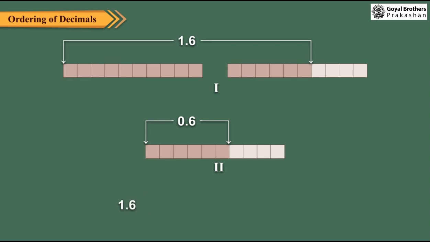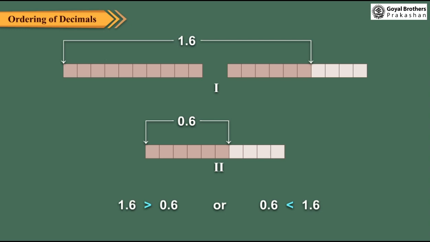So we have 1.6 is greater than 0.6 or 0.6 is less than 1.6. Also, note it here that both have same decimal part but different whole number part. Thus, we can say that to compare two decimals, we first compare their whole number parts. Decimal having the greater whole number part is greater.